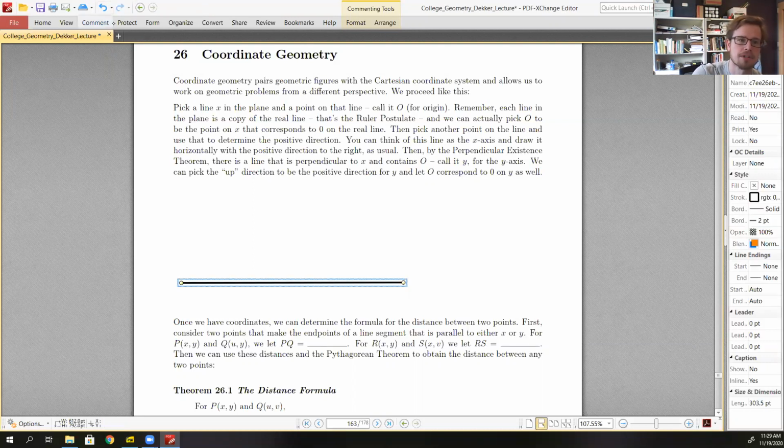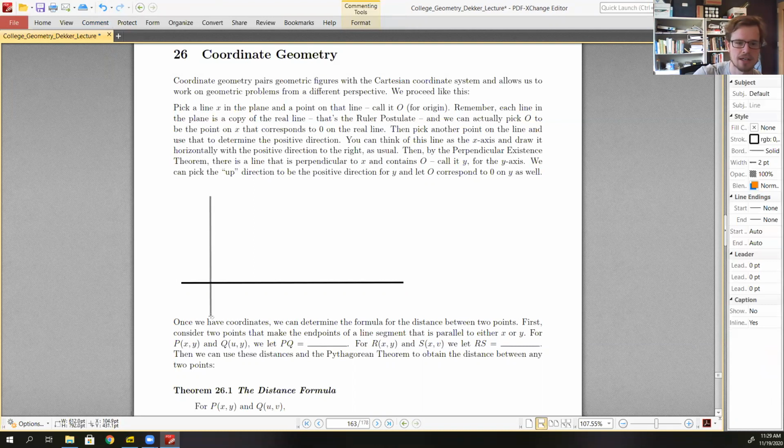And then similarly, we can construct the y-axis because we know that there is a line perpendicular to the horizontal axis. So we get our horizontal axis and our vertical axis.